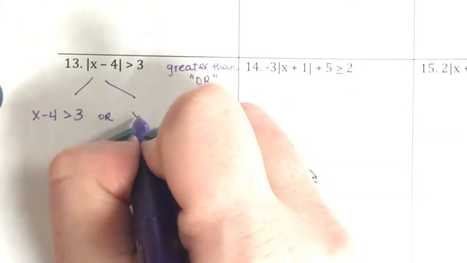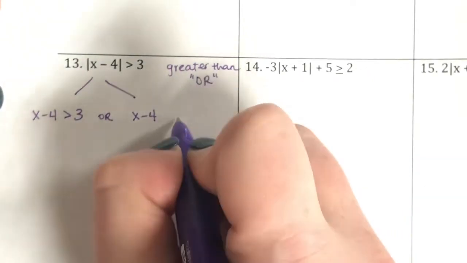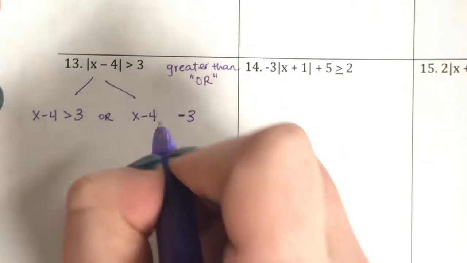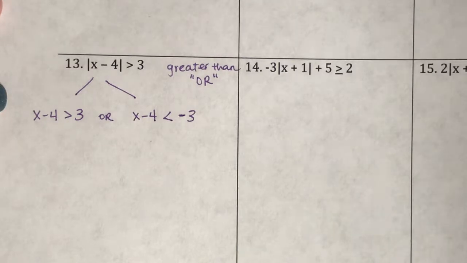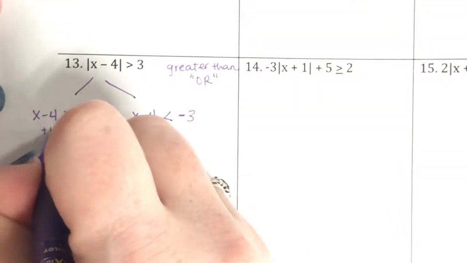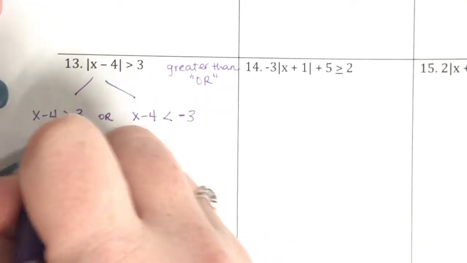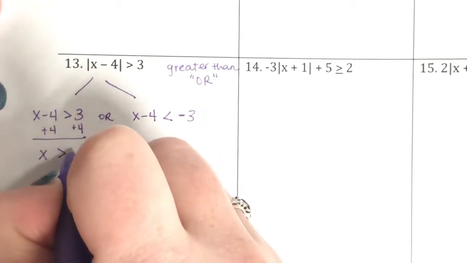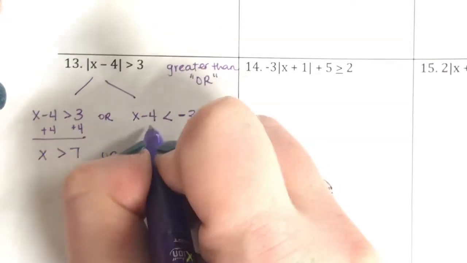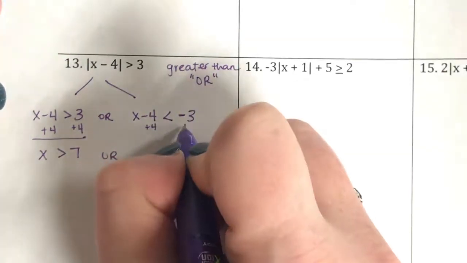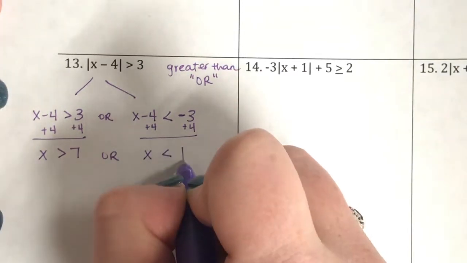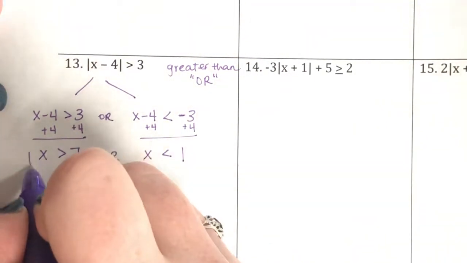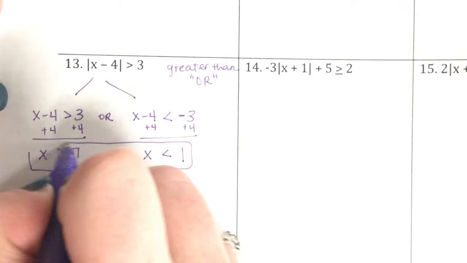The second one, when we put the -3, we have to flip the inequality symbol, just like we would if we multiplied or divided by a negative. Then we solve these as normal. So x is greater than 7 or x is less than 1.